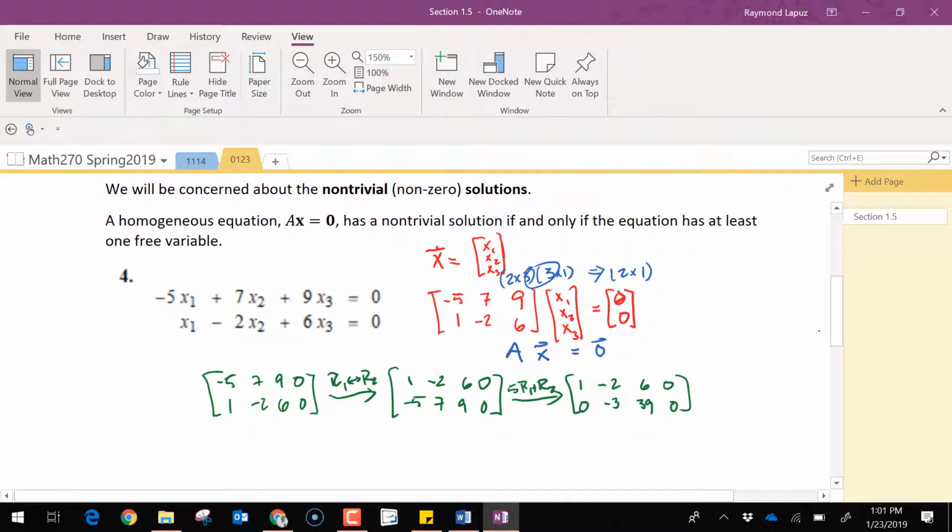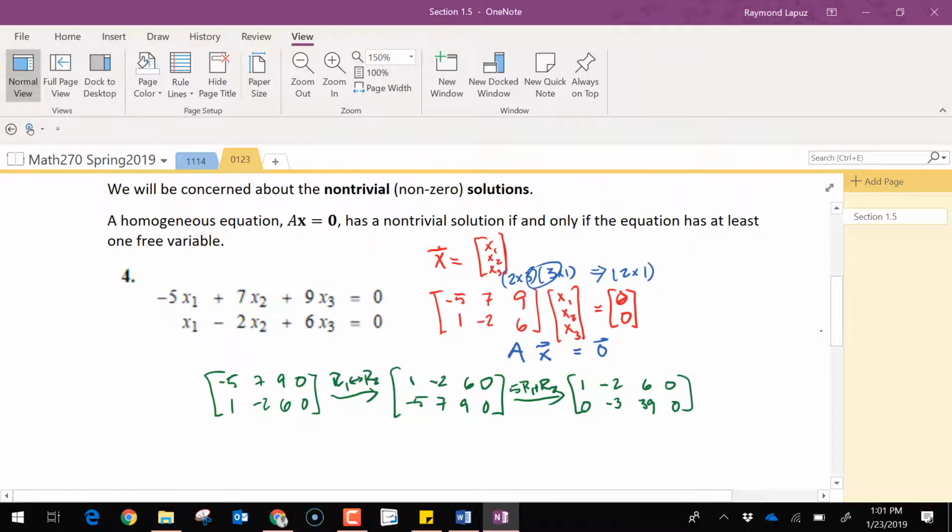It's not quite reduced row echelon, but you can do whatever you want to make it reduced row echelon form. Usually we don't mess around too much with the augmented portion, and we look at the left-hand side portion of things and find pivot points, or pivot columns, I guess they call it.